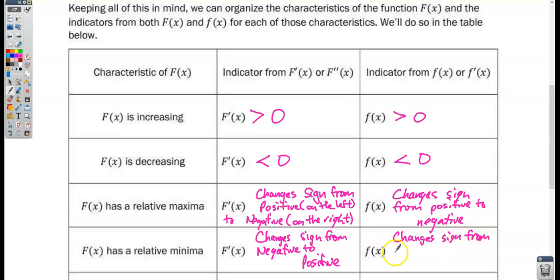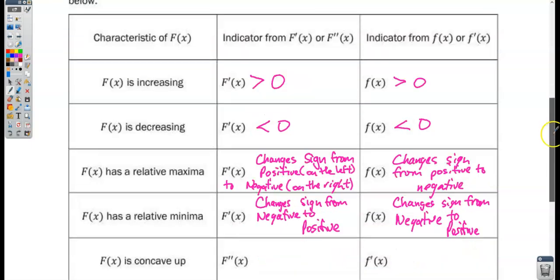So what we're going to be doing with this information a lot is looking at maybe a graph of lowercase f and trying to talk about what's happening with capital F. That's a common thing that we're going to possibly do in this section, which is why it's important for us to understand these relationships.